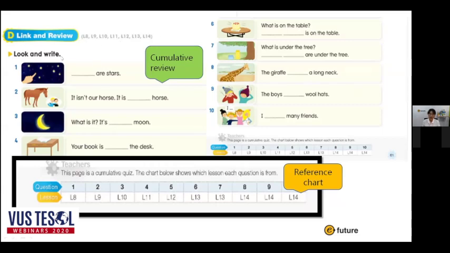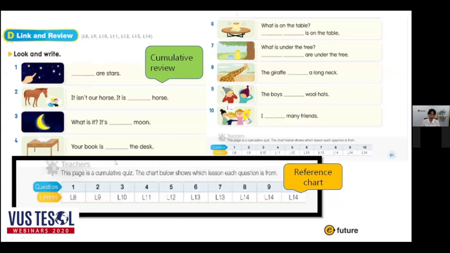If you look at these lessons, lesson 8, 9, 10, 11, 12, 13, and 14, grammar targets from all these different lessons are practiced together here. It's a cumulative review. Here you can practice the targets, and link and review the targets from all these previous units.